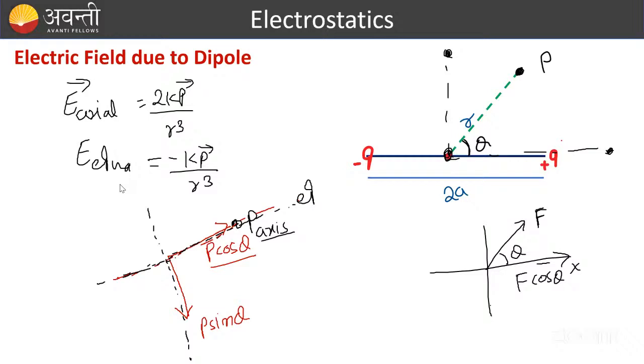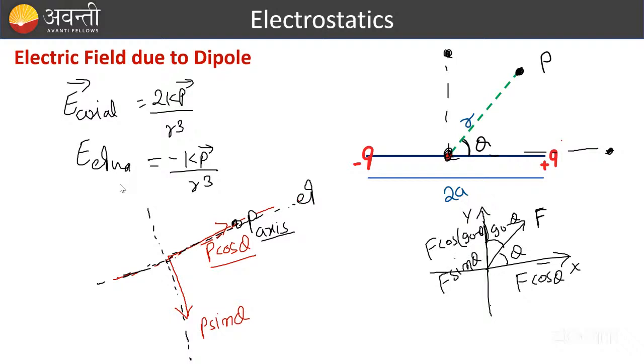We will see what angle it is making with the x direction. It is making angle theta, so the component of F along the x-axis will be F cos theta. Along this other direction, the angle is 90 minus theta, so the component of F along the y-axis is F cos(90 minus theta). And what is F cos(90 minus theta)? Sin theta. That is why F sin theta.